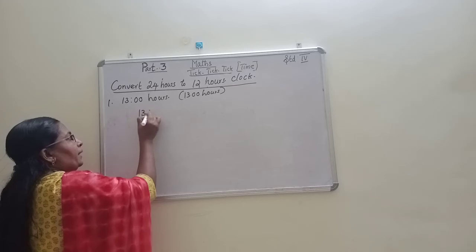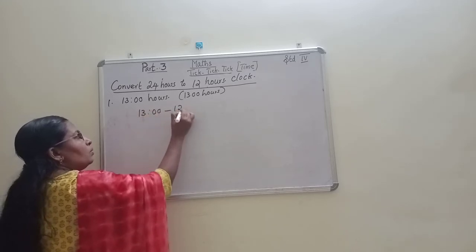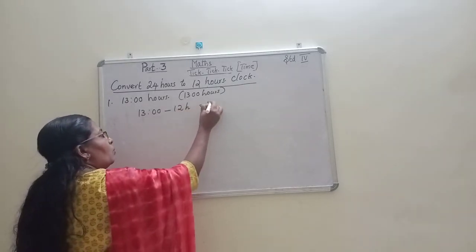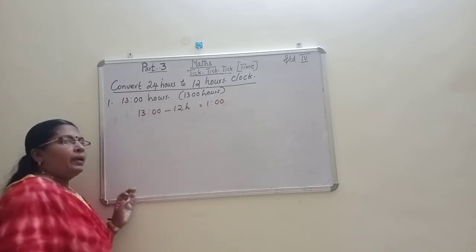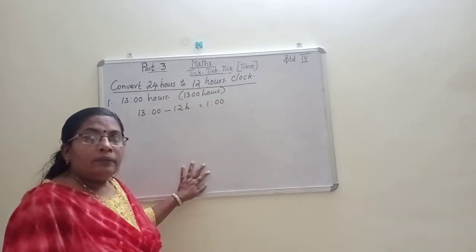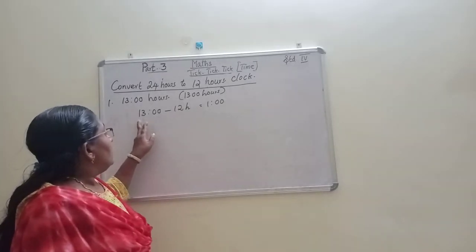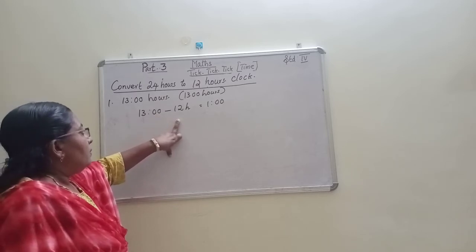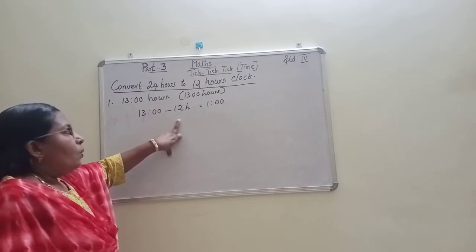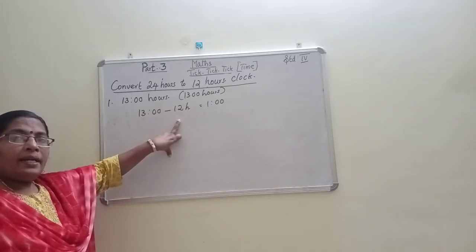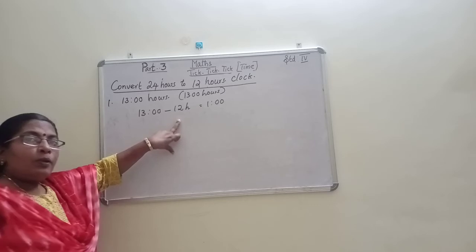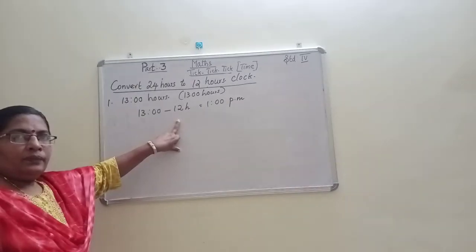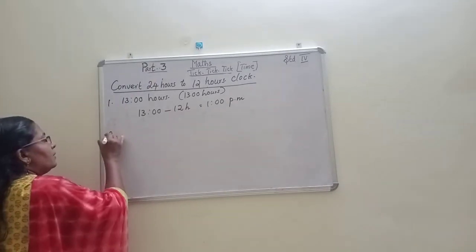So 13 minus 12, that is 1. What is that, AM or PM? 1 PM.